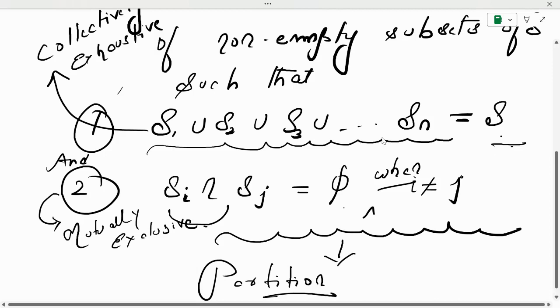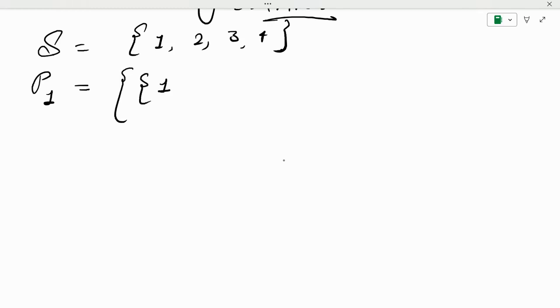Now let's see some examples based on this. Let's say we have a set S consisting of elements 1, 2, 3 and 4. Now we make some P1, a partition, and it contains the subsets of S. Let's say the subsets are {1}, then {2}, then {3}, and then {4}.